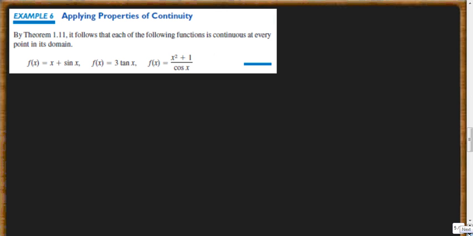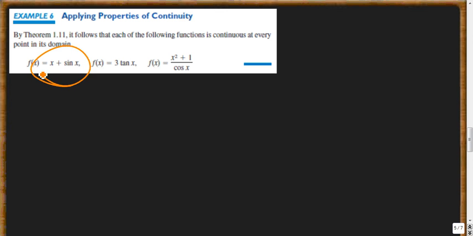Okay, so applying the properties of continuity. So we want to say each of these functions is continuous at every point in its domain. Okay, now that is true. But let's look at the places that it doesn't have continuity at.